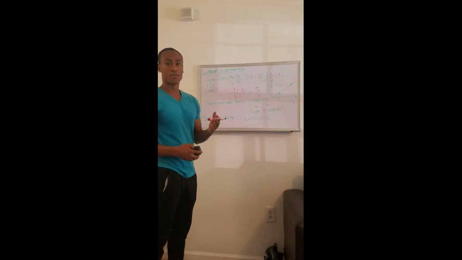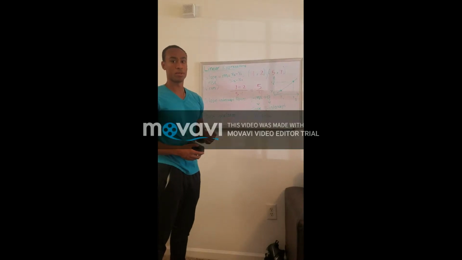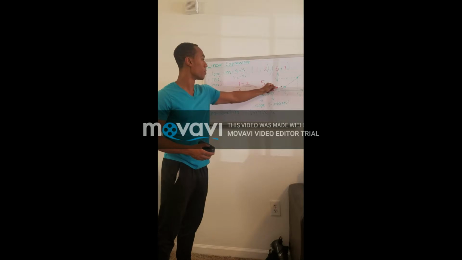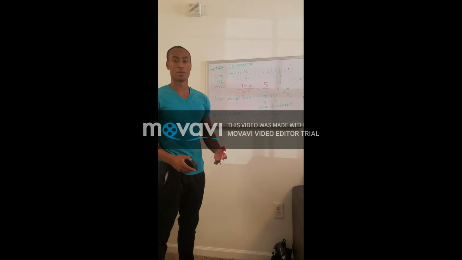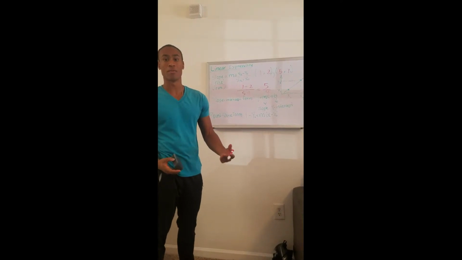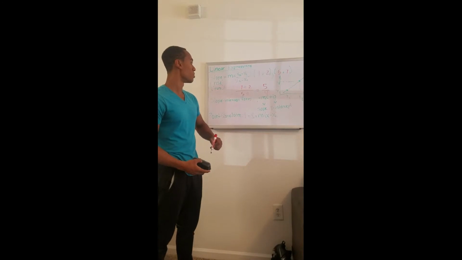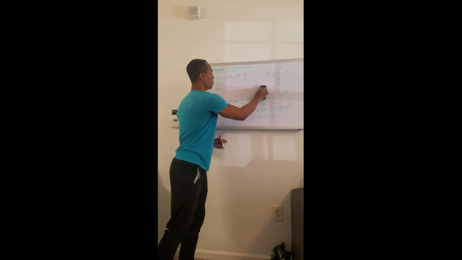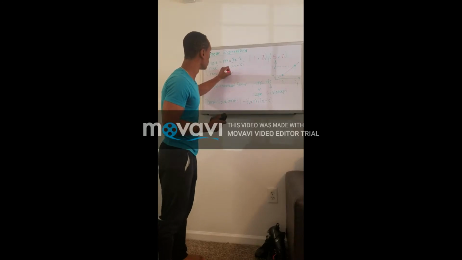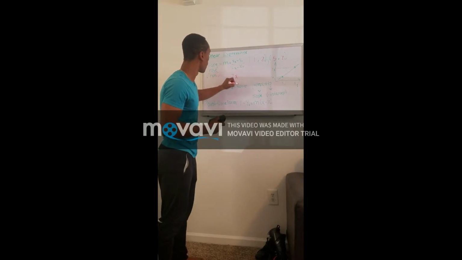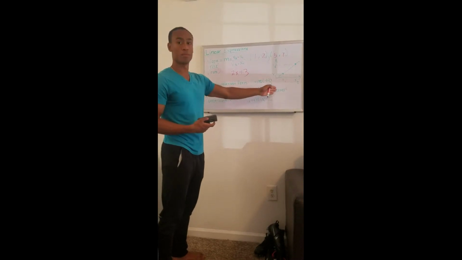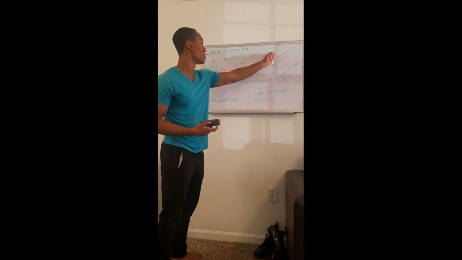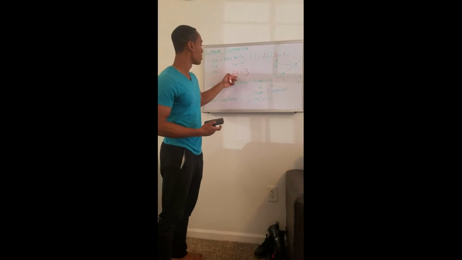Okay, so now to find the y-intercept given a line on the graph, you're going to look to see where the graph touches the y-axis. You can find a y-intercept given an expression by plugging 0 in for x. So if our expression were 2x plus 3, say this is our linear expression, to find the y-intercept, where the line touches the y-axis, we're going to plug in 0 for x.